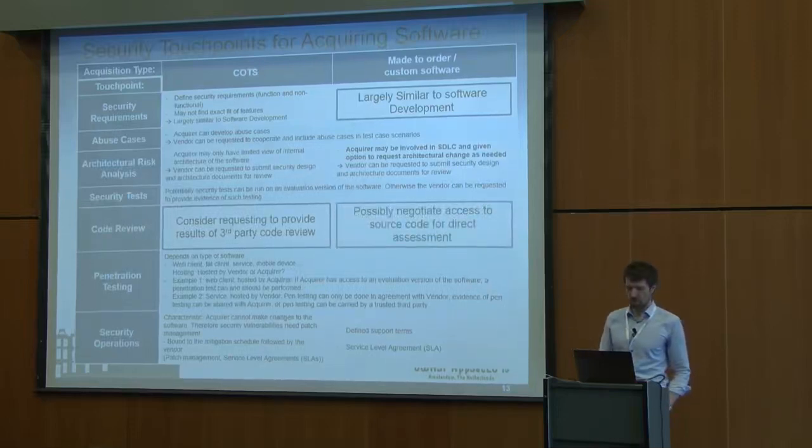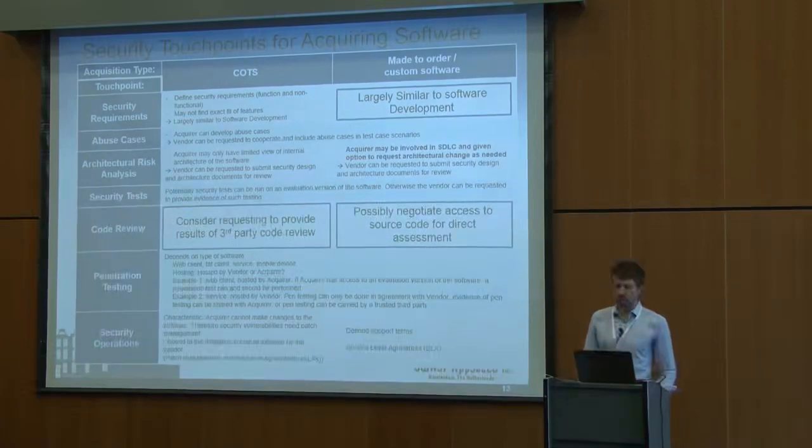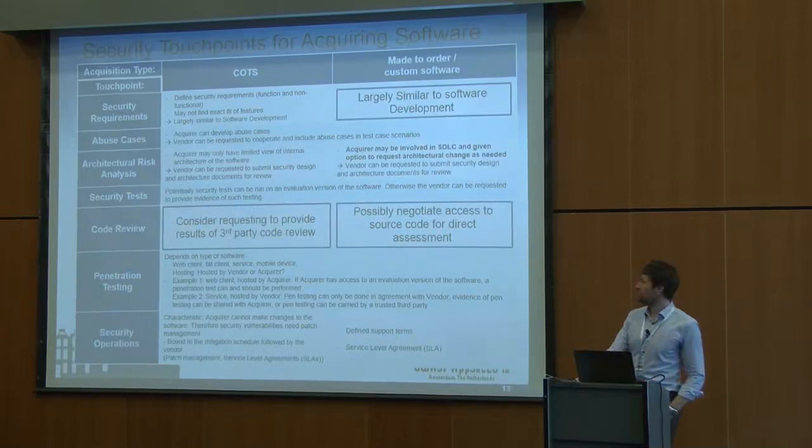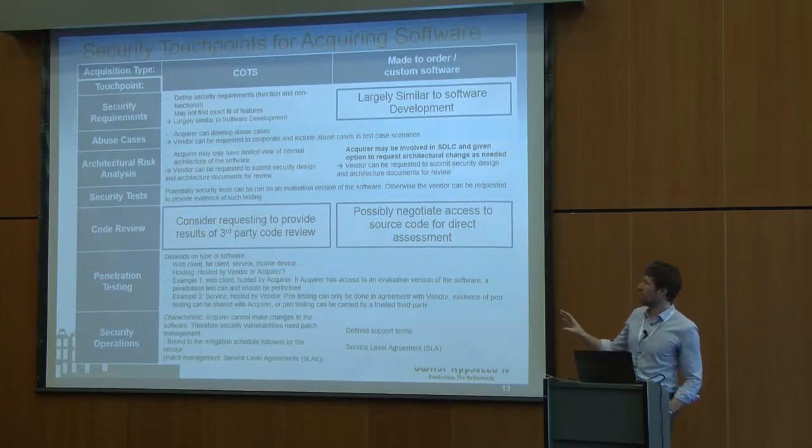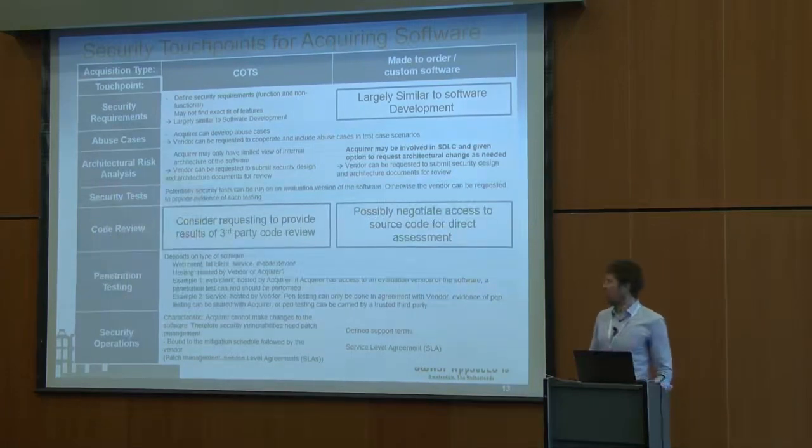Then another case for code review for made-to-order software is to possibly negotiate during the contracting phase already that you get access to the source code for doing code review. So just to pick a few examples, we looked at all of these cases and gave our recommendations on what, from our point of view, should be done for each of these cases.